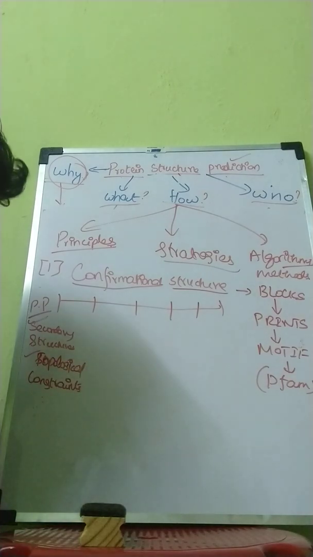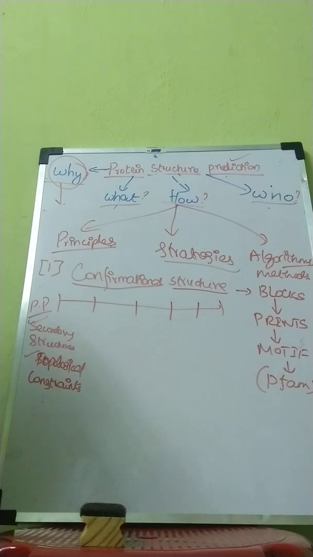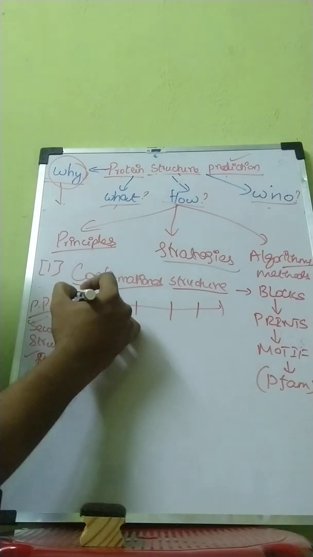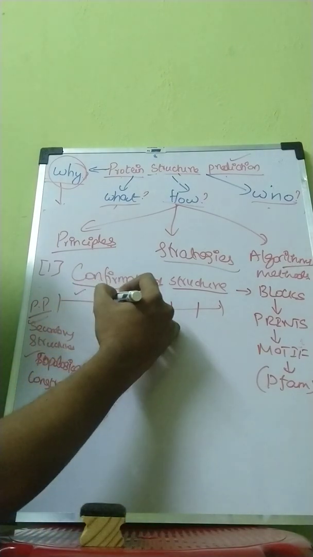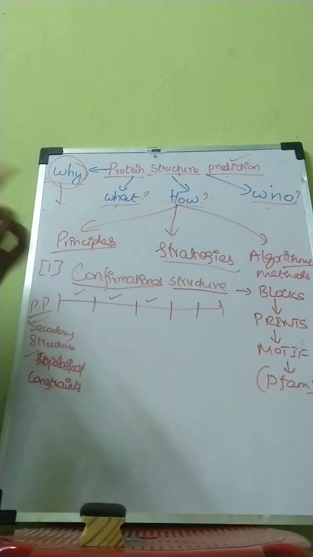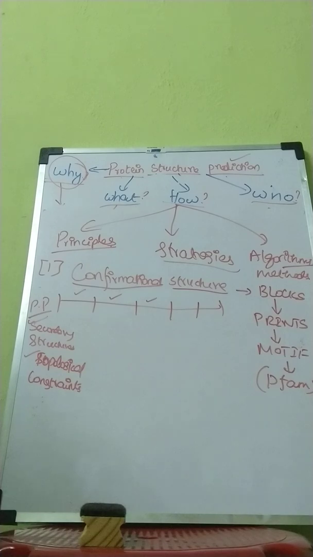So these two are the factors that determine the category of blocks. Based on the types of secondary structures that are created by different regions in a protein, you will be able to categorize them into different zones.